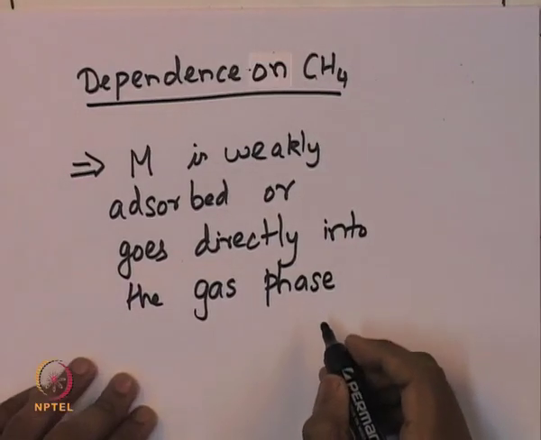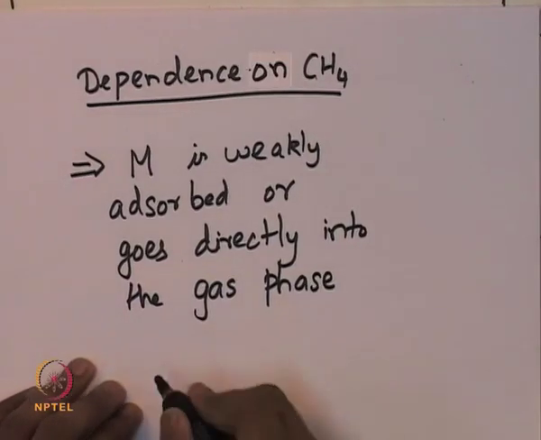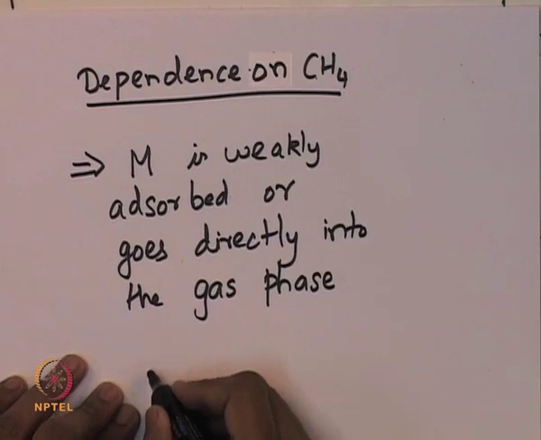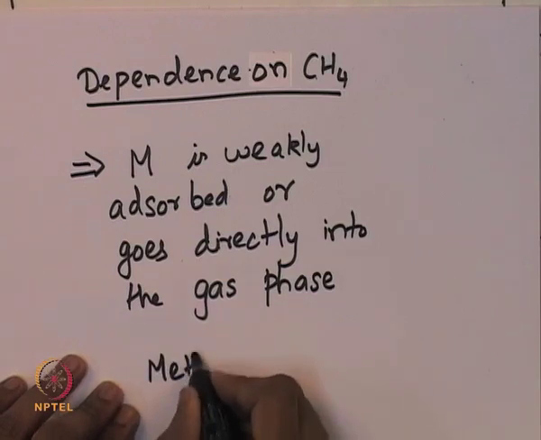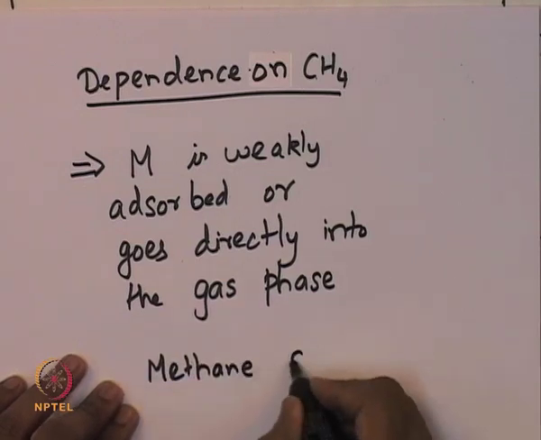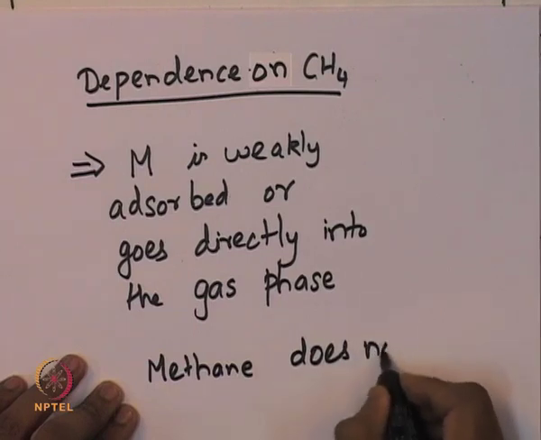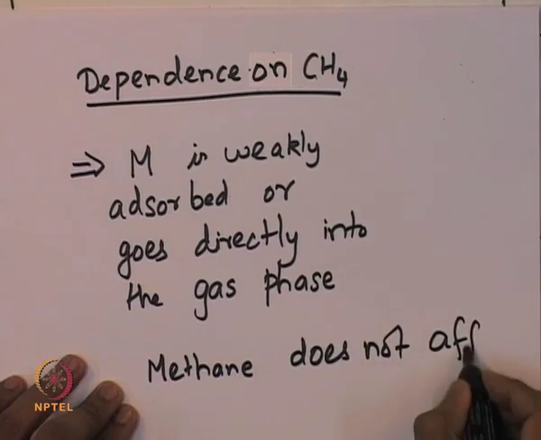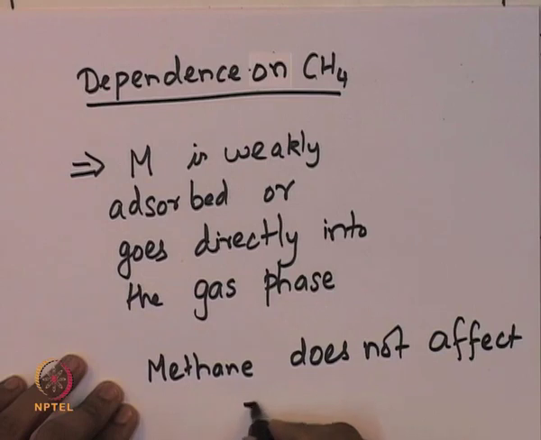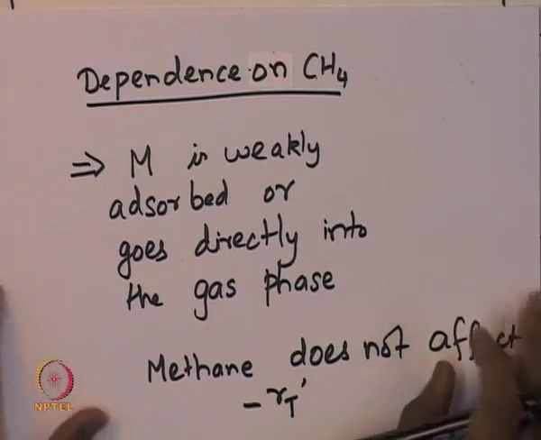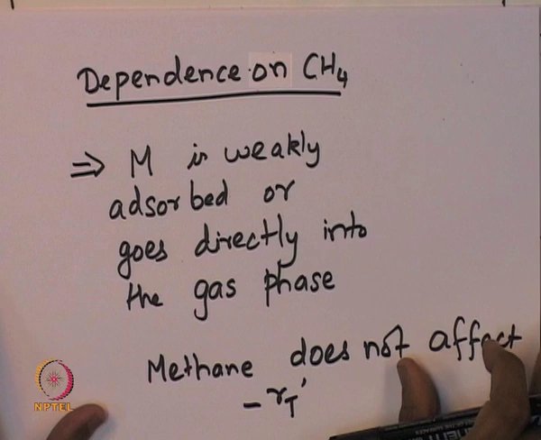So that is an important deduction, which means that methane is hardly contributing to the rate of the reaction. Methane does not affect the rate of the reaction. Okay. So, that is an important deduction that one can observe from the experimental data.